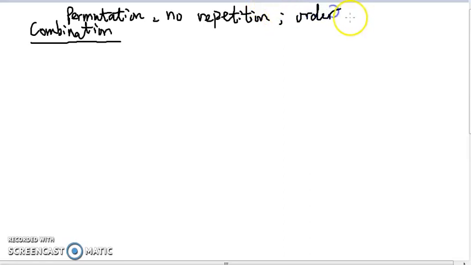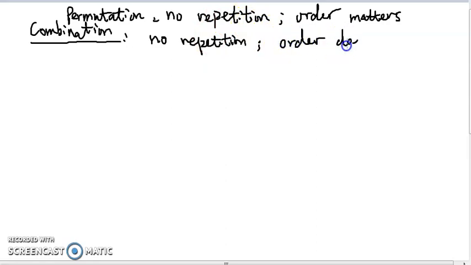And the order matters, which means if you switch two people or two numbers or two letters, then you'll get a different permutation. There is a way to do the problems if you allow repetition, but right now we talk about no repetition. And in combination, order does not matter, which means when you switch two numbers or two letters, two people, it's not going to change.